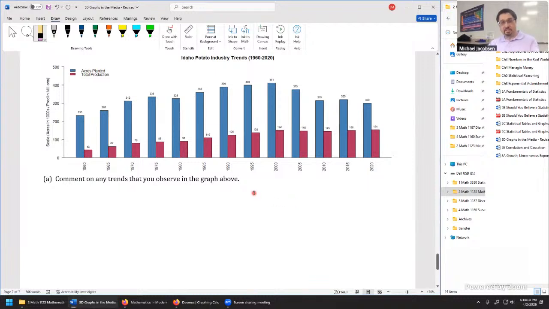It's a kind of a tough question in a certain sense, right? It being totally wide open, but it does kind of focus us on this aspect right here. It's asking about the trends that we might see in the data. So if we focus on one variable and then maybe the next, we can look into acres planted. And by trends, we mean what's happening to the acreage planted as we go from 1960, going by 5 years, all the way to 2020.